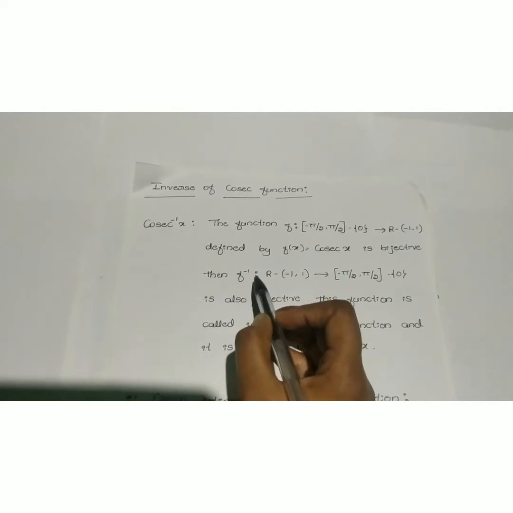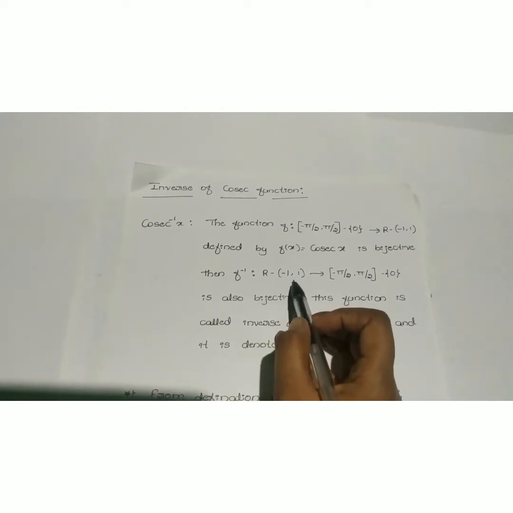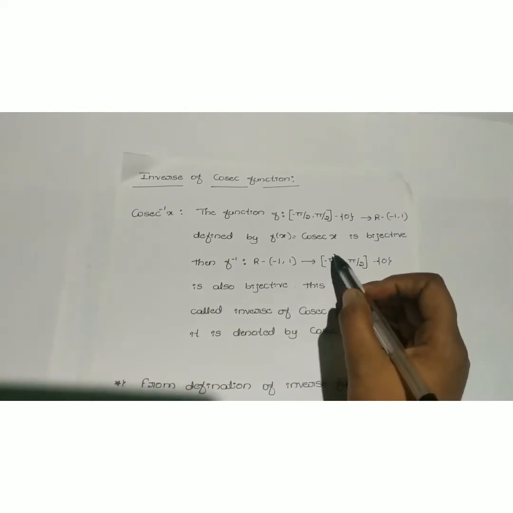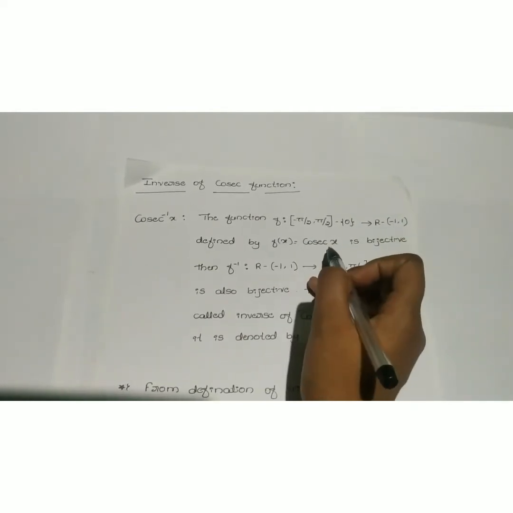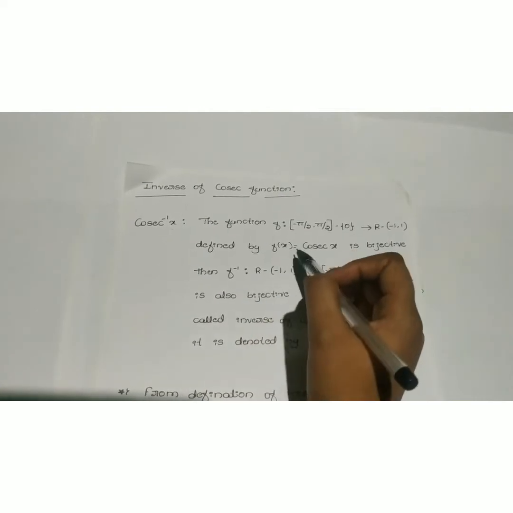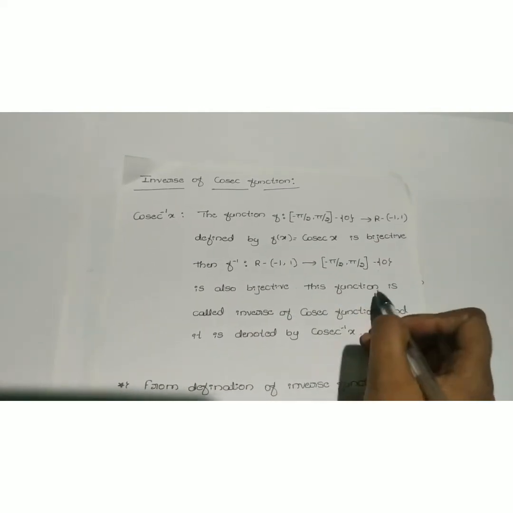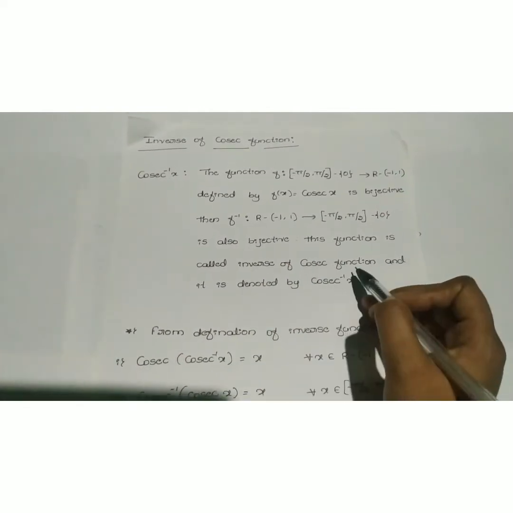Then f inverse, changing the domain and range, is a mapping from the real numbers except the open interval minus 1 to 1 to the closed interval minus pi by 2 to pi by 2 except 0, and is also bijective. Because the function is bijective, the inverse function is also bijective. This function is called the inverse of the cosec function and it is denoted by cosec inverse x.